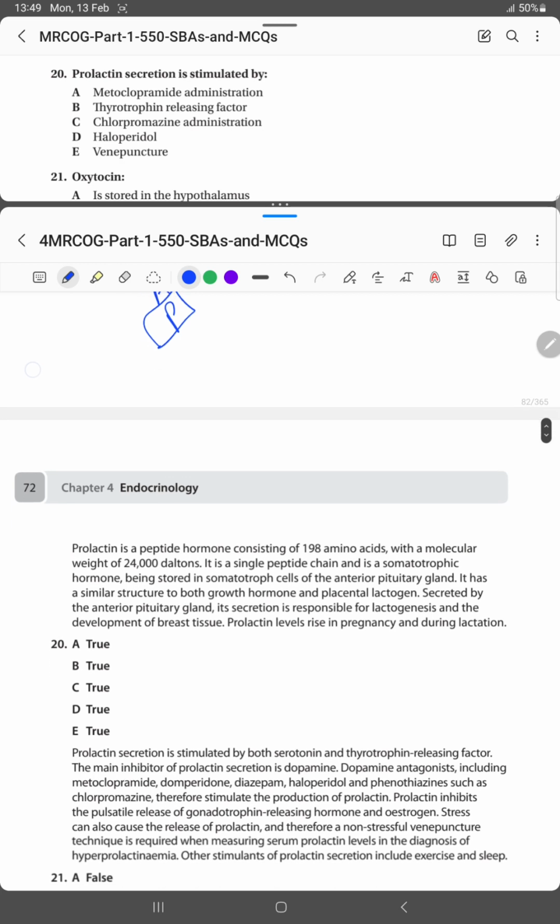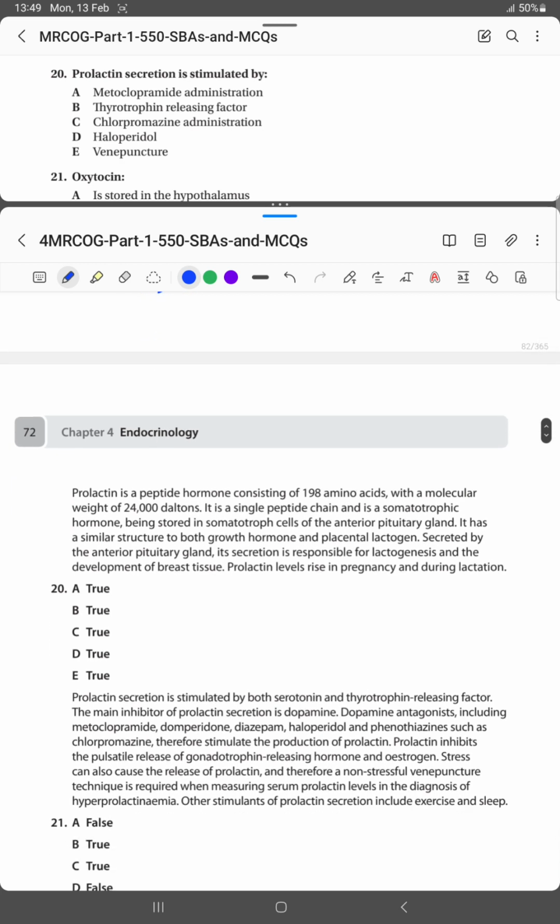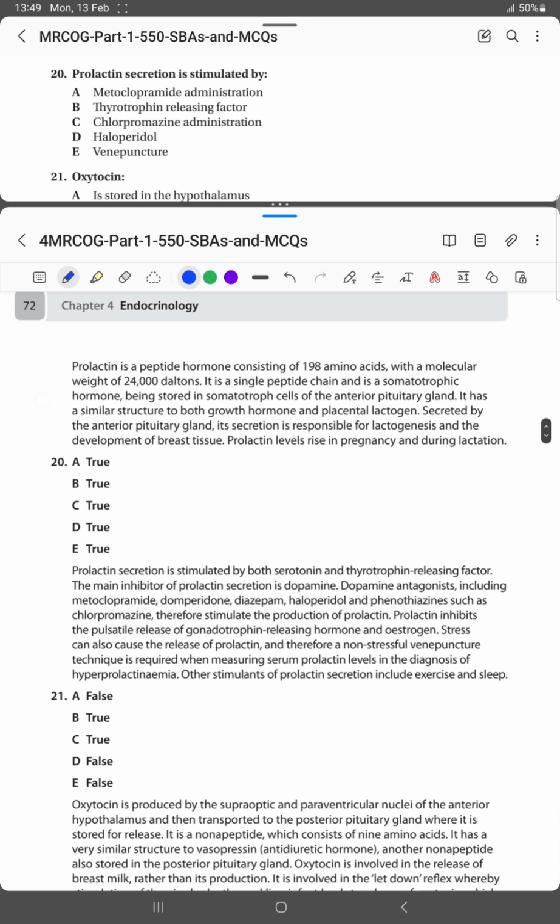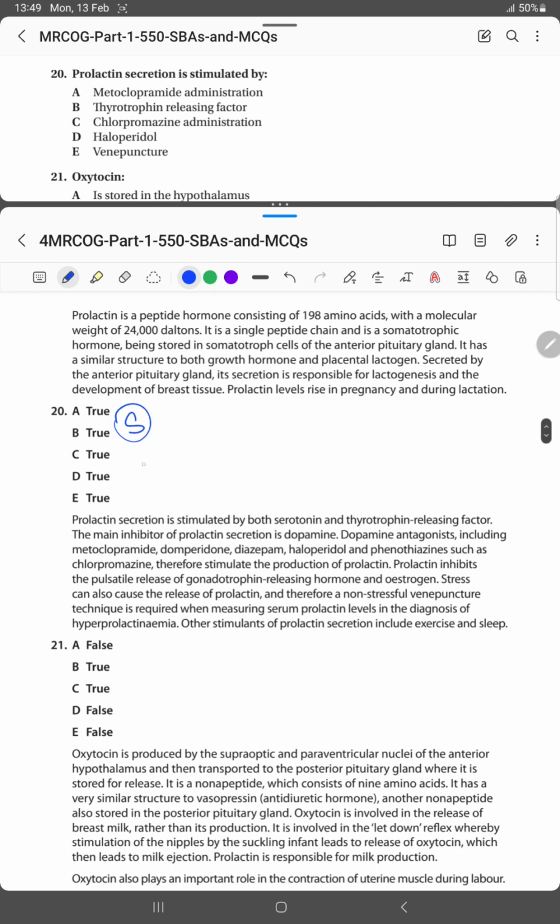Prolactin secretion is stimulated by serotonin as well as thyrotropin releasing hormone.